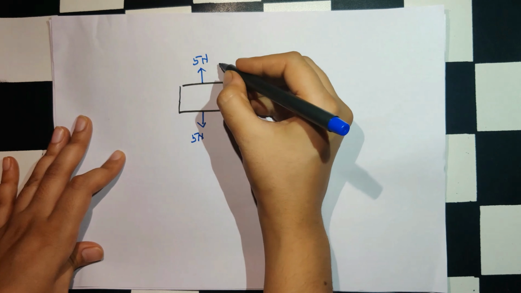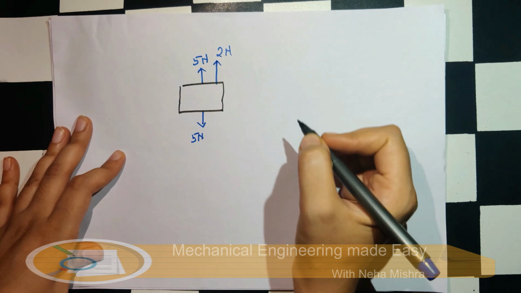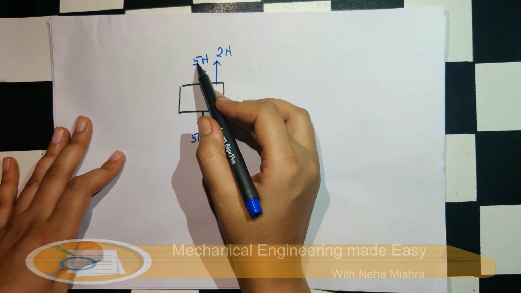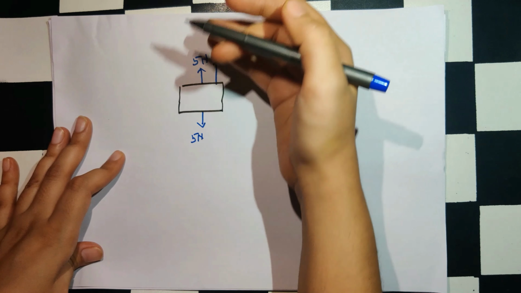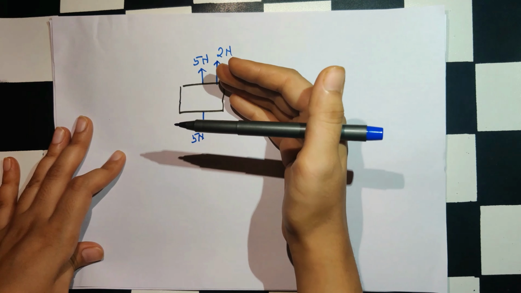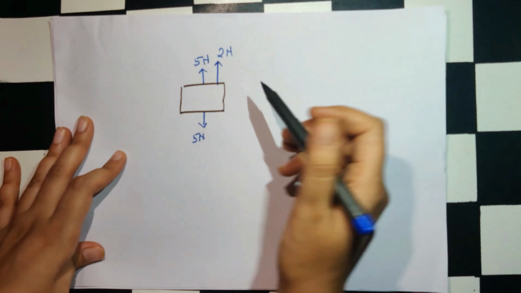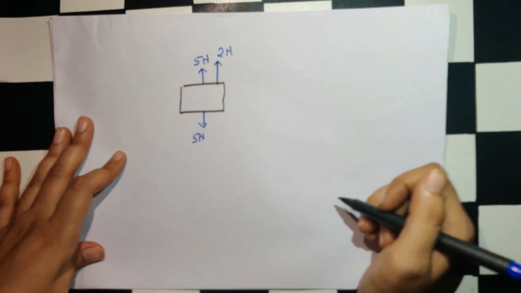Now suppose I apply here 2 Newton force. Yes guys, now since 5 plus 2 is 7 Newton force applied upwards, whereas only 5 Newton force is applied downwards, and since 7 Newton is greater, this block will again start moving in the upward direction.